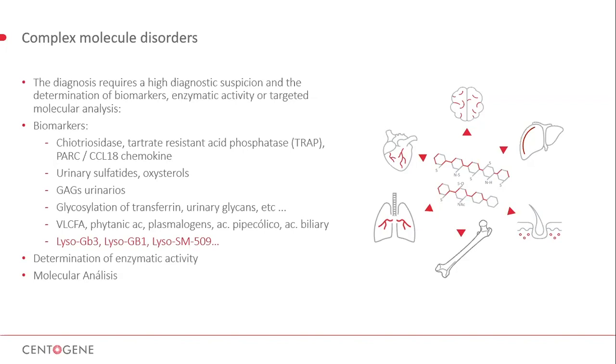Now we can implement some biomarkers, but the drawback is that many of them have low specificity or sensitivity. So the diagnosis will mainly remain on the determination of the enzymatic activity or the molecular analysis for these disorders, with the exception of new biomarkers that have been developed and that are highly sensitive and highly specific and also have some diagnostic utility.